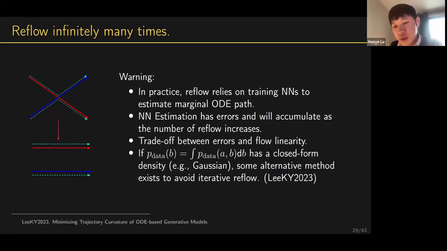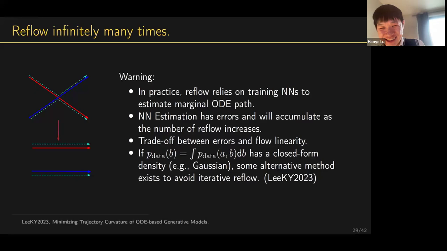I see. So in the usual case, if we don't do reflow, we usually call the algorithm flow matching, because flow matching is basically the same as the first iteration of rectified flow. Okay, so flow matching is like the first step of rectified flow.